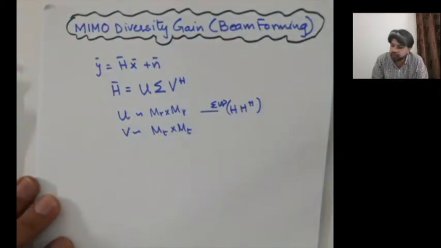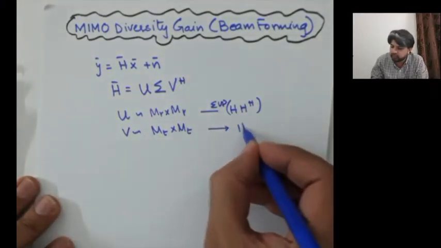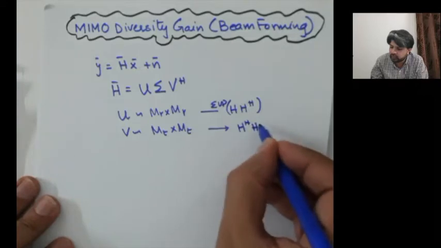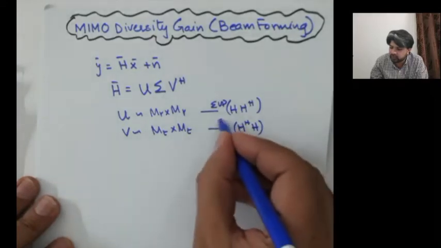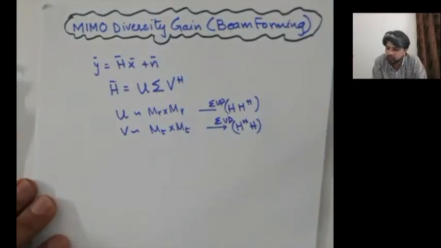And similarly, in order to compute this V matrix, you computed the eigenvectors of H Hermitian H, and you computed the eigenvalue decomposition, and that gives you the V matrix.